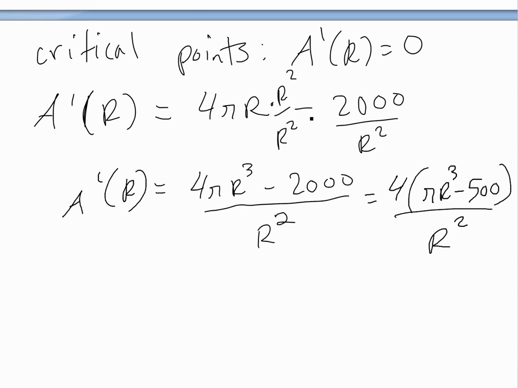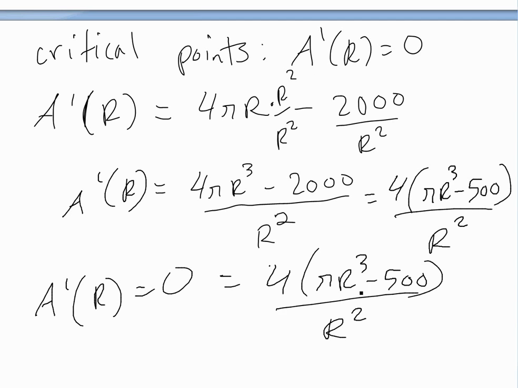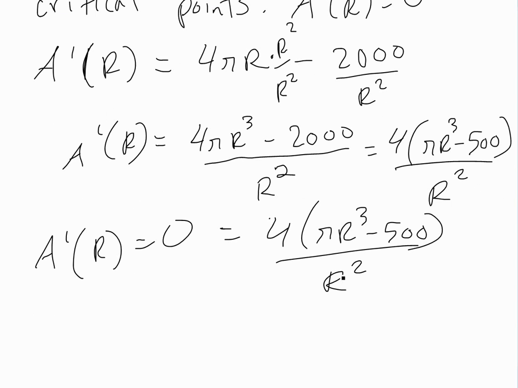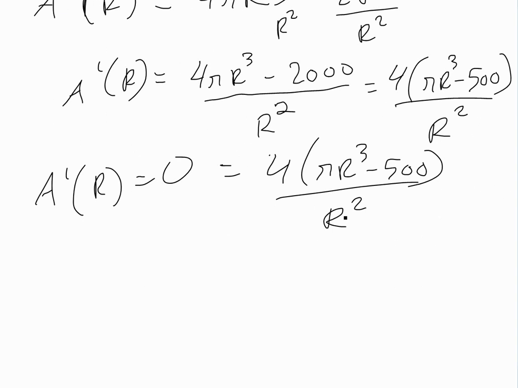Now when we set this equal to 0, we have 4 times pi r cubed minus 500, over r squared. The r squared cancels, and this is only 0 when pi r cubed minus 500 is equal to 0.